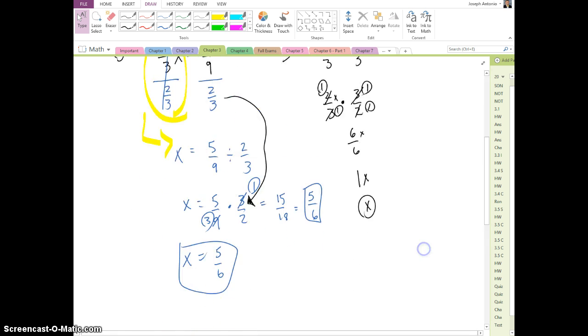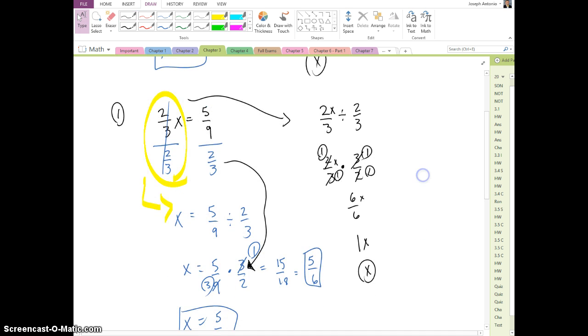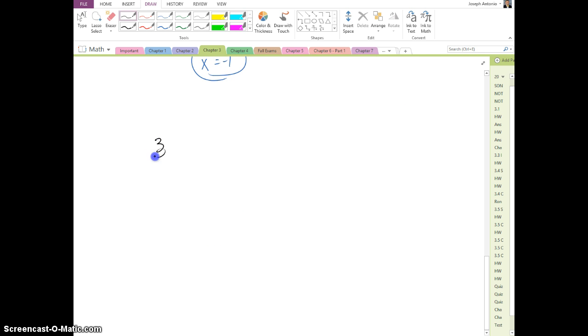That's why I said this is similar to a problem like this up here, when we say 5x equals 20, and we say 5 divided by 5 gives us 1x, which is just x. So my point is this. If you see a problem where you have 5/6 x equals 2/3, because you know that you're going to divide by 5/6, instead of dividing, you can automatically from the beginning multiply by the reciprocal on both sides.